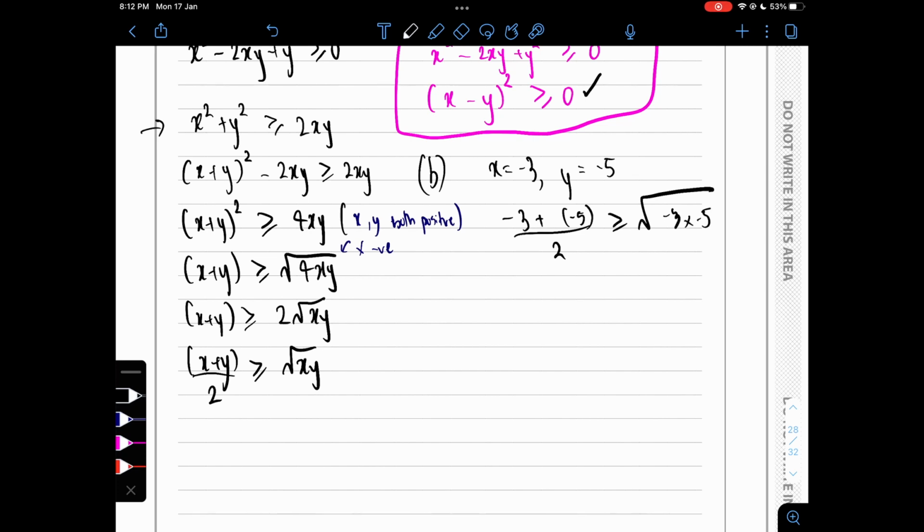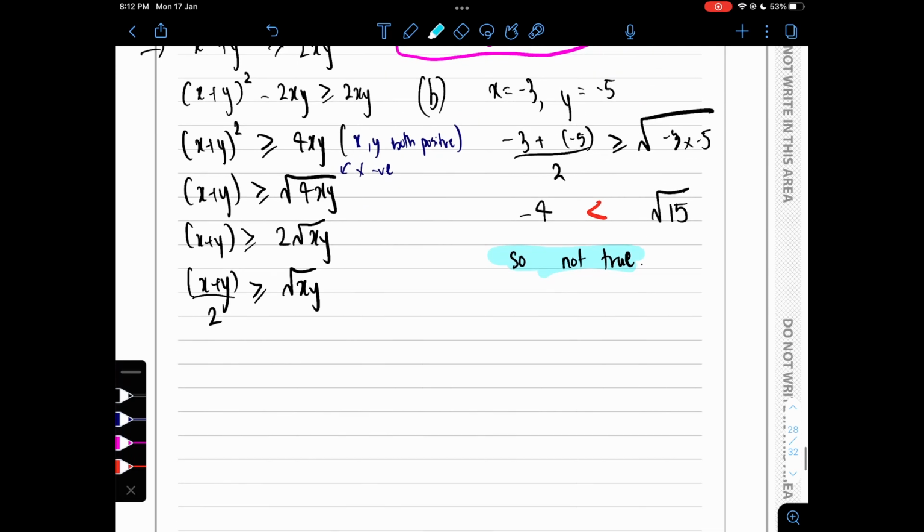So -3 minus 5 is -8, over 2 is -4. And this is √15. Now this is the other way, so not true. And we just leave it at that. This is our counterexample. So that's question 9 done.